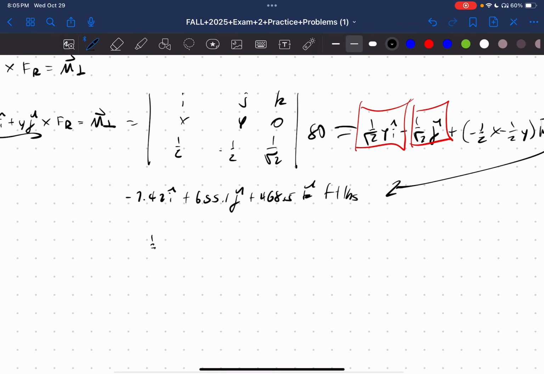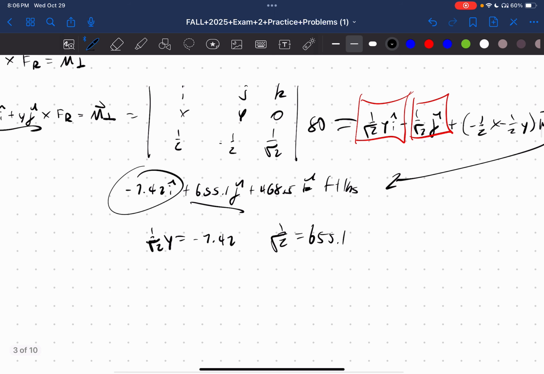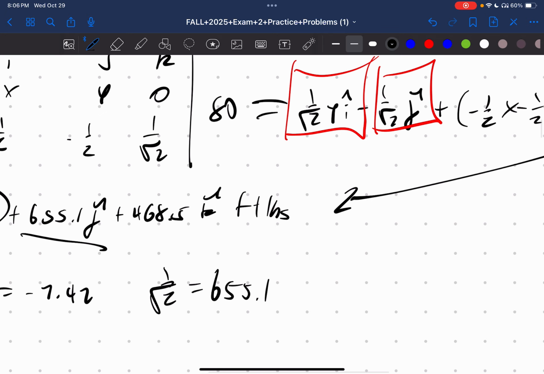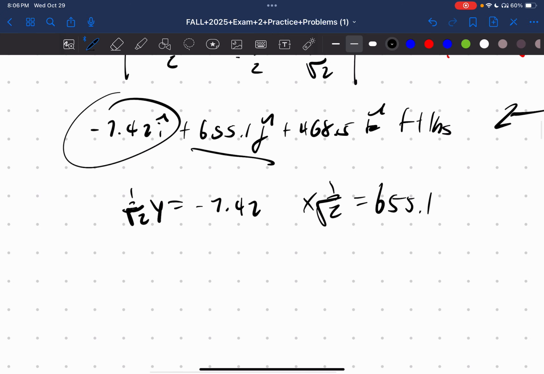So we can write 1 over square root of 2 y is equal to this I component, which is negative 7.42, and the j component, which is 1 over 2 square root of 2 times x, is equal to this right here, 655.1. Wait a second, this is not right. Forgot x here. There we go. Solve for x and y, pretty easy.